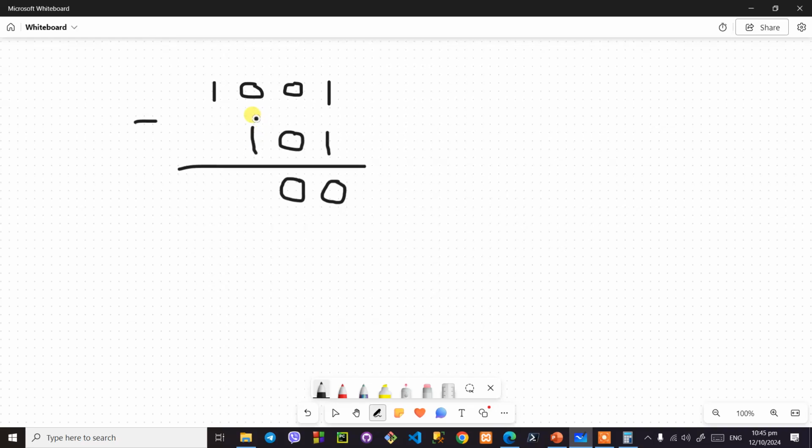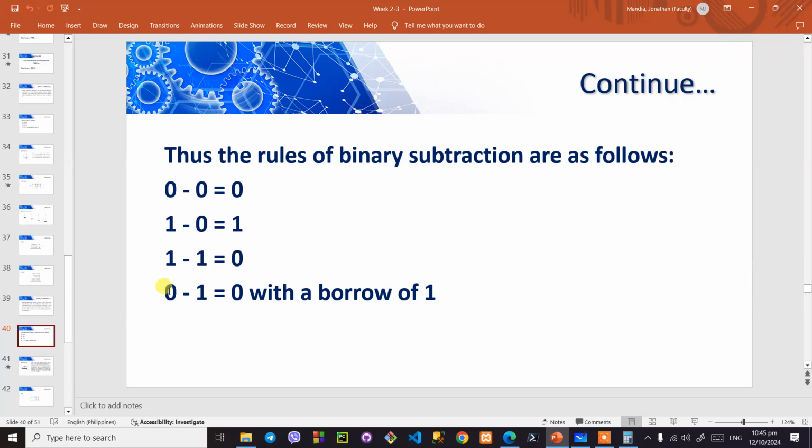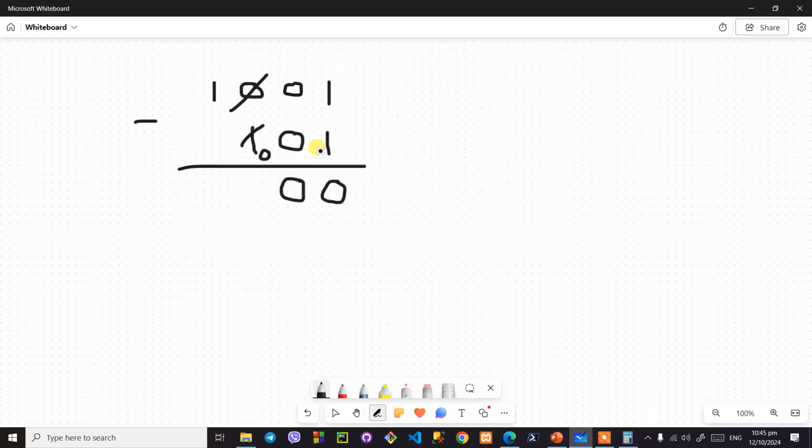So meaning automatically crash out mangi kag ma-create sa 0 based on our rule, no? 0 siya pero mabaro siya isa sa piya. So meaning mabaro di siya 1 sa piya. Okay, meaning ang inyo 1 dire may 1 na 0, then this will become 1. So 1 minus 0 is 1.